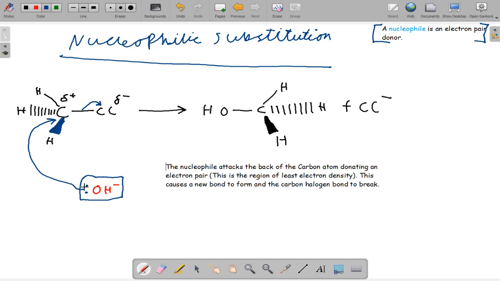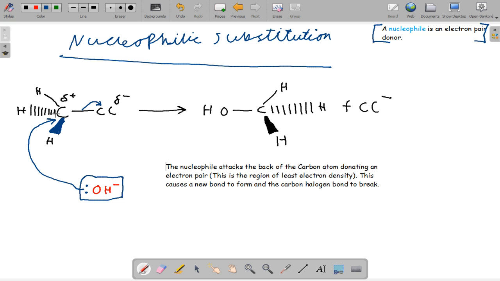Anyway, the lone pair from the nucleophile attacks the back of the carbon atom, donating an electron pair, and this is again the region of the least electron density. Now, if we think back to molecular shapes, all of these electron pairs are repelling, so you will have a region of space where the electrons are not residing as much.